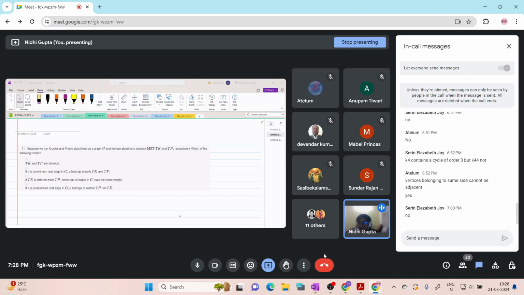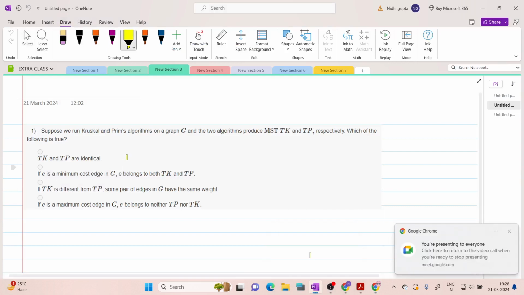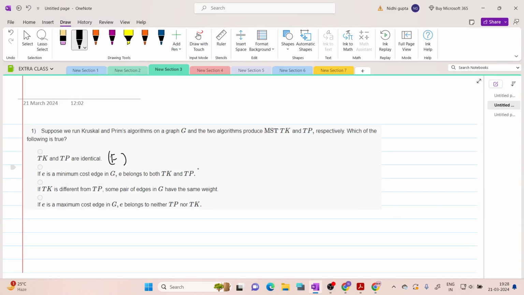The third statement is: if Tk is different from Tp, then some pair of edges in G have the same weight. True or false? This is true, ma'am. Why is it true? Because we may have two different spanning trees for a single graph, but the cost is the same for both.